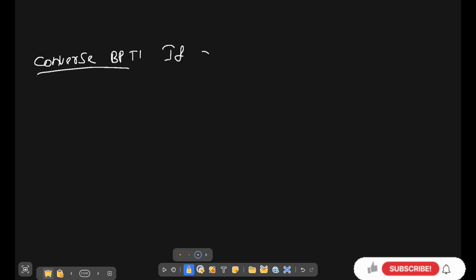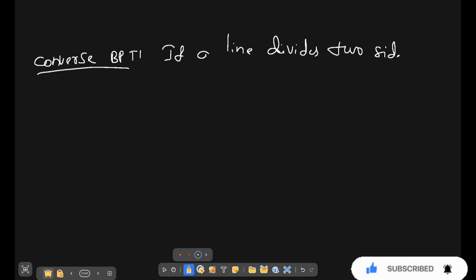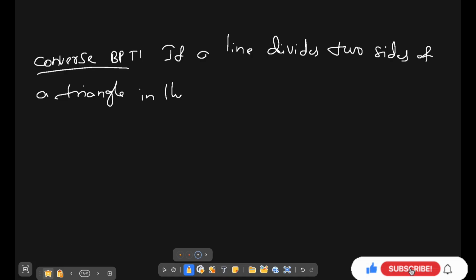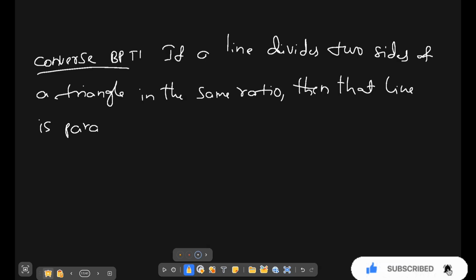Now the converse of BPT is: if a line divides two sides of a triangle in the same ratio, then that line is parallel to the third side.